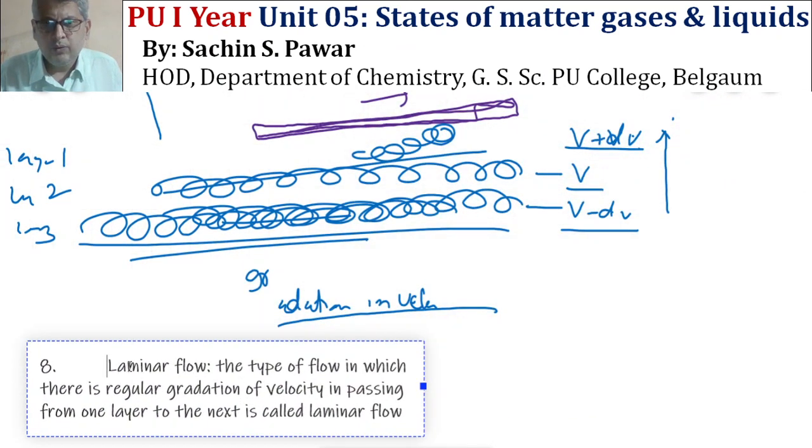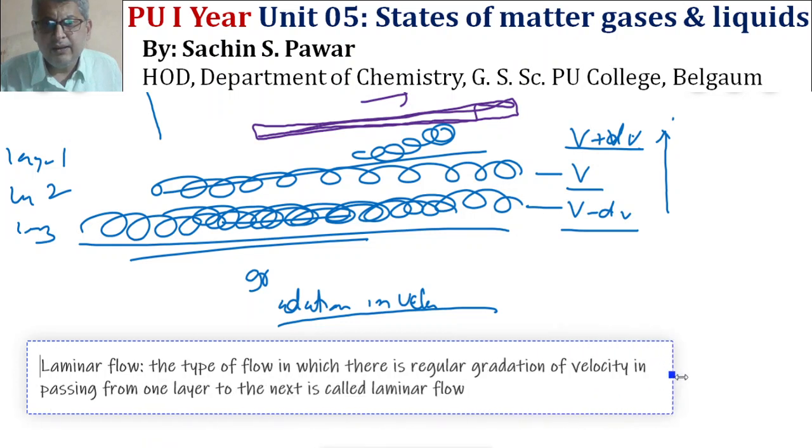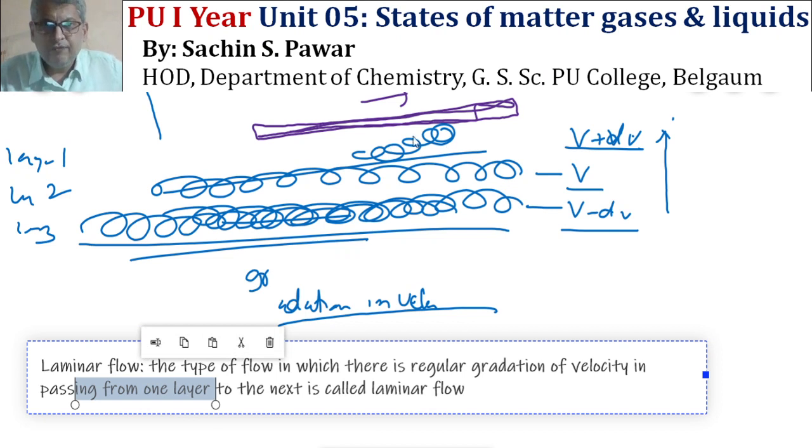Laminar flow is the type of flow in which there is a regular gradation of velocities passing from one layer to the other layer. So the first layer which is in contact with the wood will be moving faster.